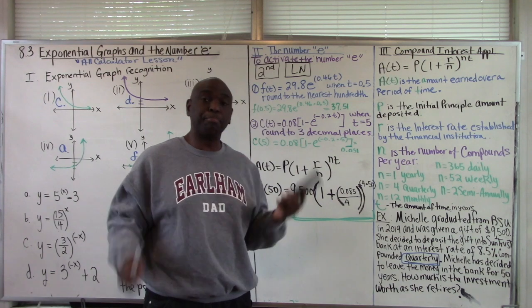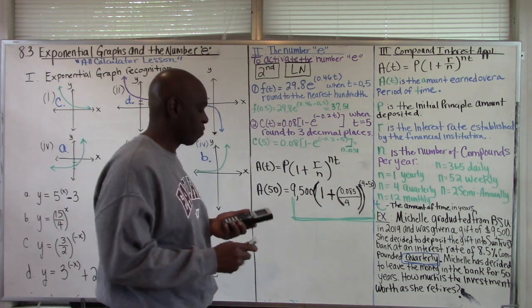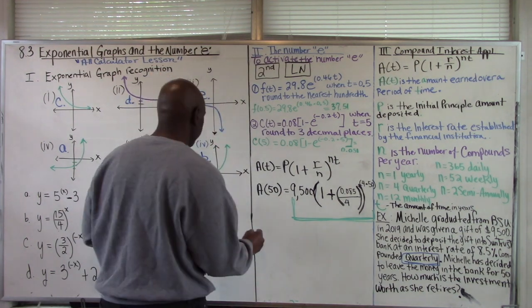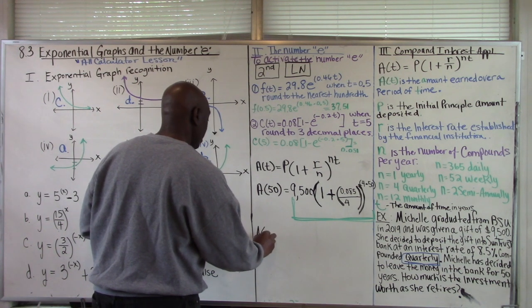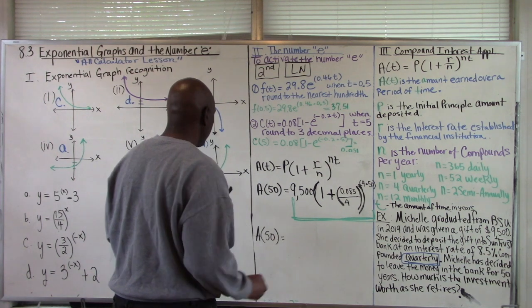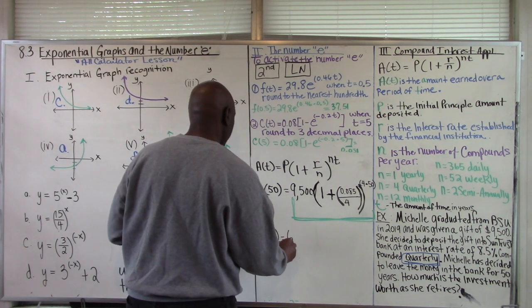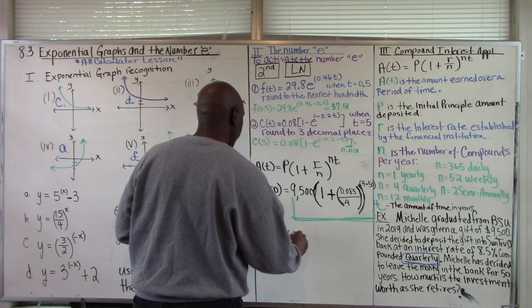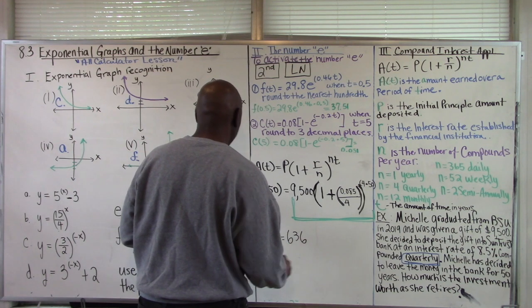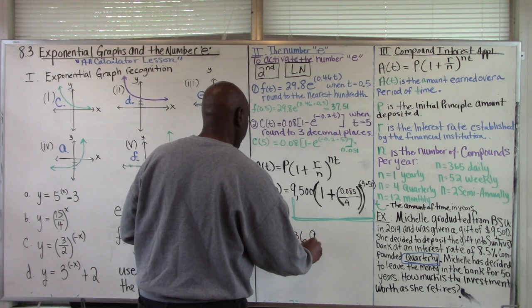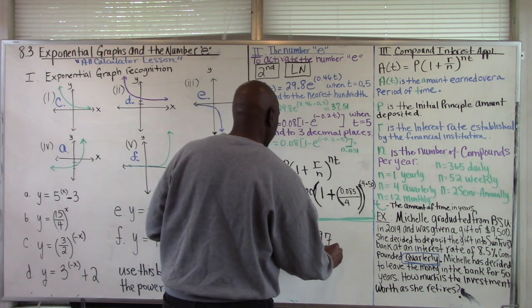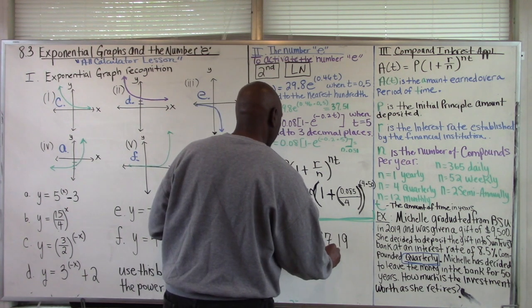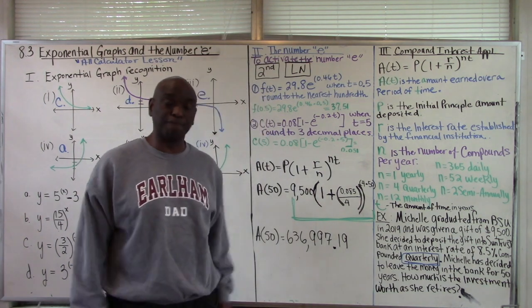And there we go. That's it. So after 50 years, Michelle is going to have $636,997.19. There you go.